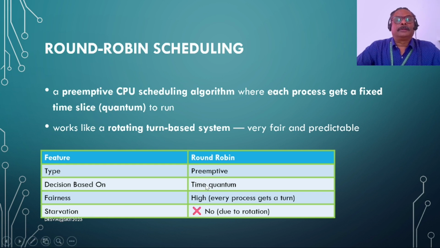Here it only depends on the time quantum, and it is usually done with first come first serve logic with preemption and very high fairness, because every process gets a turn in every cycle, and definitely no chance of starvation, because if there are n processes, then in the first n time slots everyone gets one chance. So in every nth turn each one will get a chance. Therefore there is no question of any process being starved.